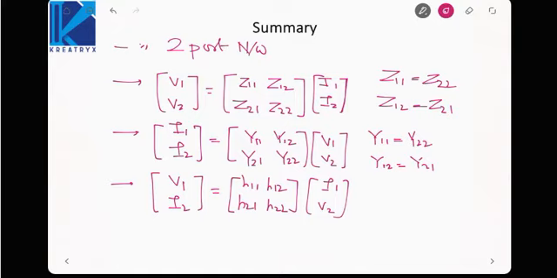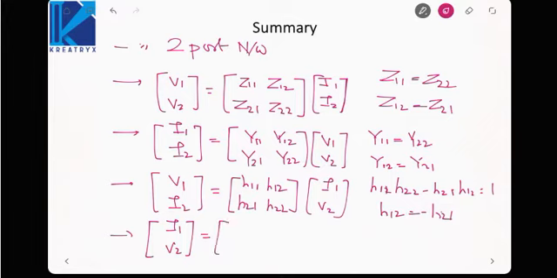For symmetry, the determinant of these parameters must be 1, that is H11 H22 minus H21 H12 must be 1, and for reciprocity H12 is equal to minus H21. What about inverse hybrid parameters? They were defined like I1, V2 in terms of V1, I2 with G11, G12, G21, G22.